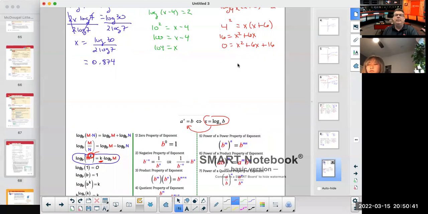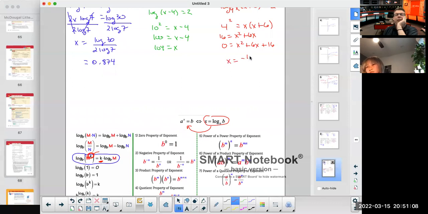So what are we going to have to do to solve this? Quadratic formula.